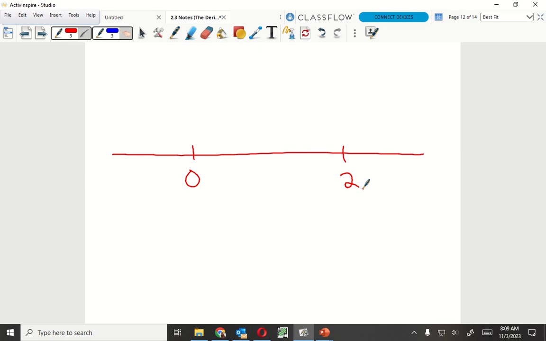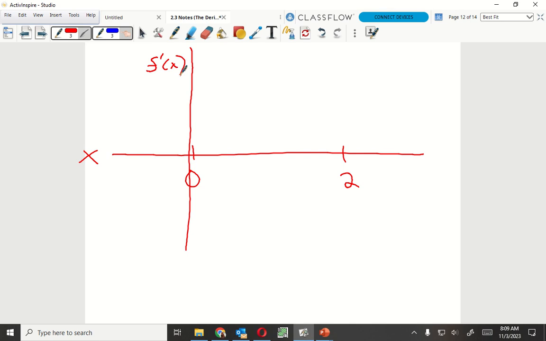So this right here is my x-axis on a graph. And going up this way is not the y, it would be y prime, or in this case, f prime of x. So this is the graph of the derivative.